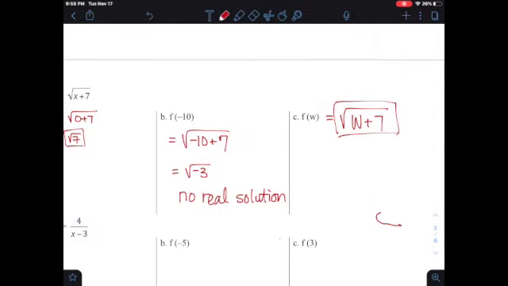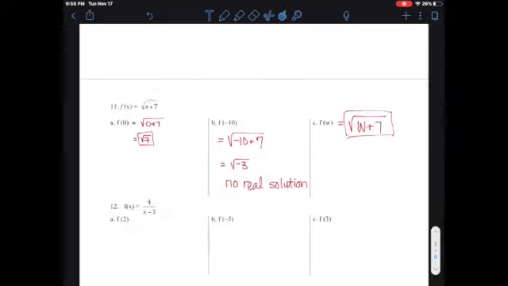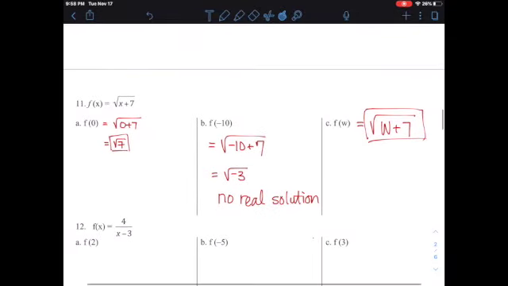So this one is for number 12. It's a little bit tricky, so let me just go through and explain. First one is just plug in 0, square root 7, we're just going to leave it as square root 7. Now, letter B, if you plug in -10 for x, in this case, you are going to have -3. And because you have a -3, it's no real solution for now.